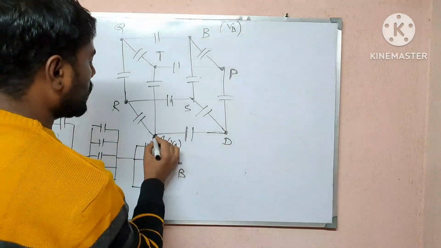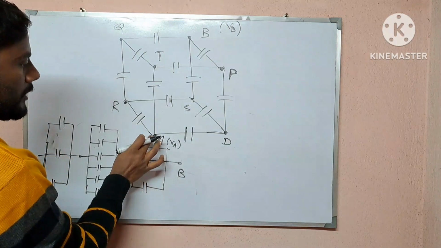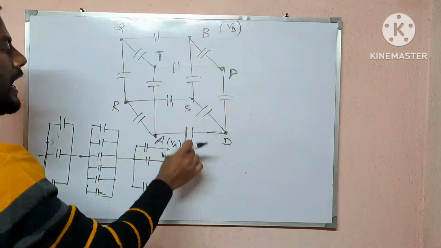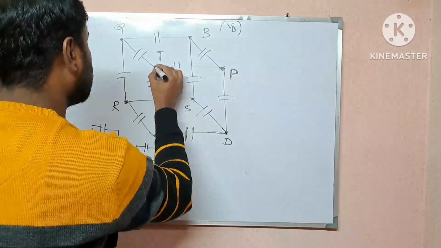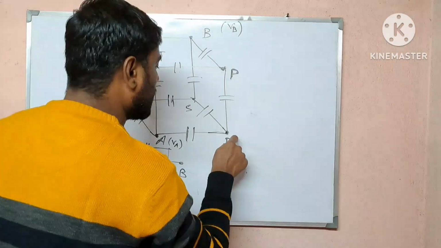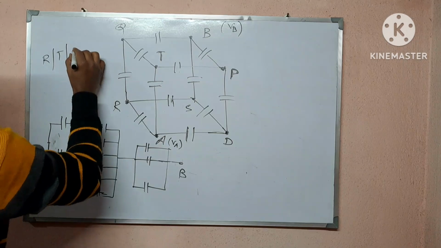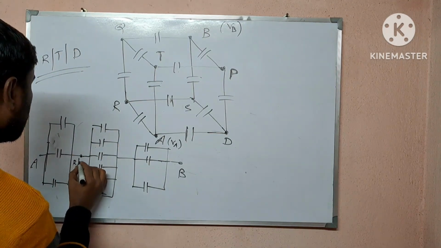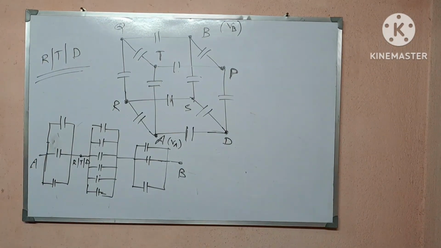So if equal current I flows in each of the three ways and each resistance is the same, then an equal potential drop will be there at D, at T, at R. That means the potentials of those points are the same. So R, T, and D are basically equipotential points.